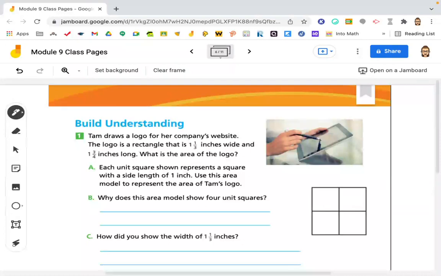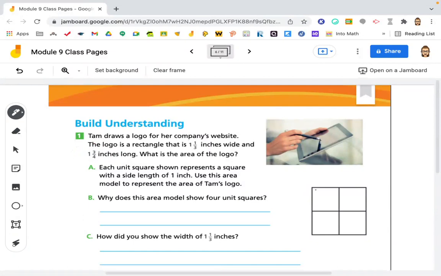So we want to look at B, and it says why does this area model show 4 unit squares? Well, if each one of these is equal to 1, we need to have more than 1 because both of our dimensions are larger than 1.